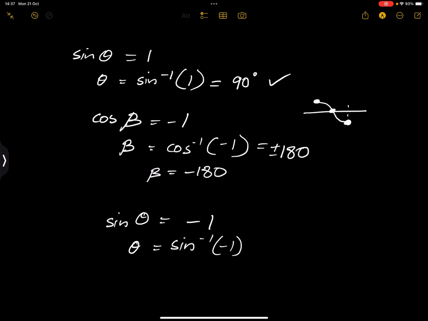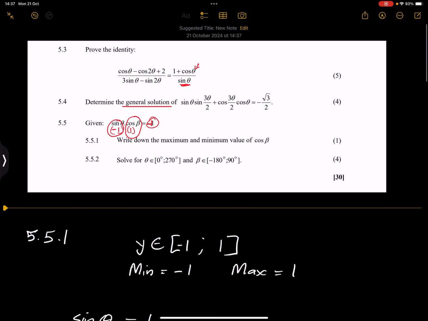We find that this happens at -90, but remember we say plus k 360. So if we add 360 to that, that would give us 270. The reason I'm adding 360 is because they said theta is an element of 0 to 270.